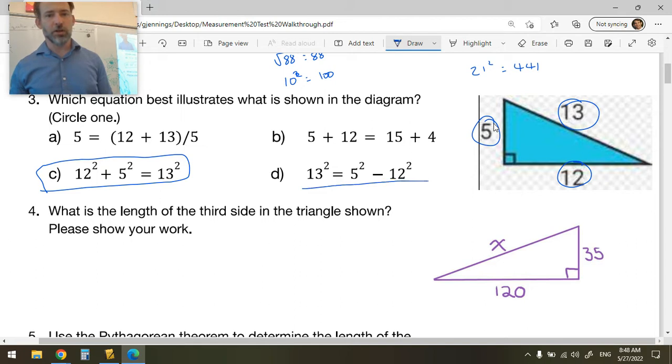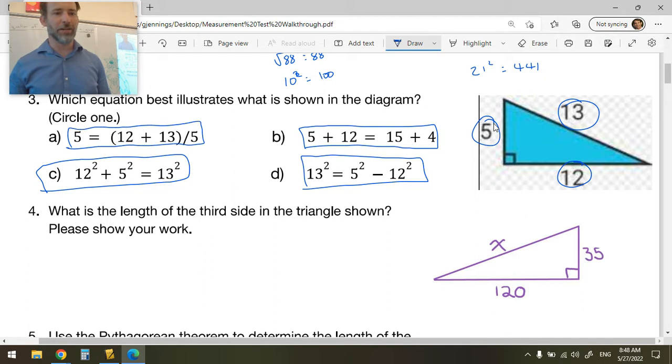This you'll find is just not true. 5 squared minus 12 squared is a large negative number. It does not equal 13 squared. This is true, but has nothing to do with anything. And this is also true and very interesting, but not relative to the Pythagorean theorem, really. So this one is correct.